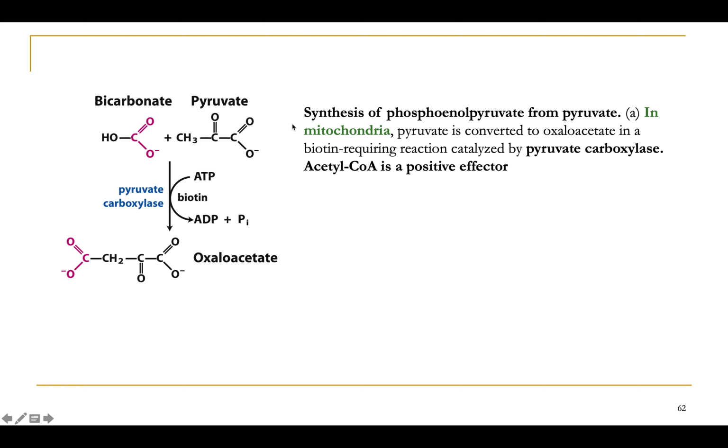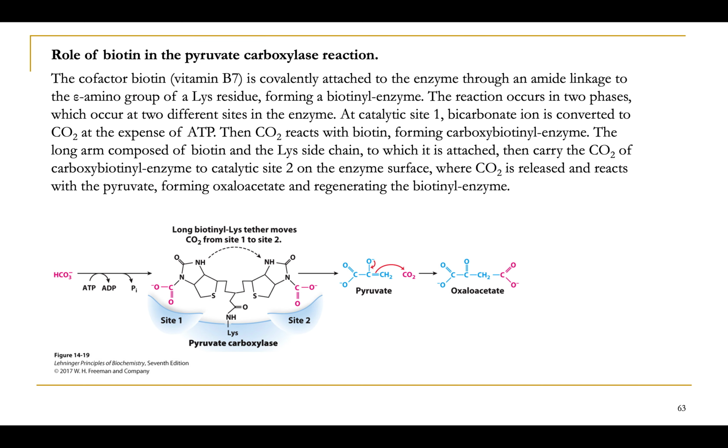Of note, this reaction is happening in mitochondria. Pyruvate can get transported through mitochondrial membrane and get into mitochondria. So we'll see later why this compartmentalization is necessary. But if you consider the pyruvate carboxylase, it is an interesting enzyme having two sites.